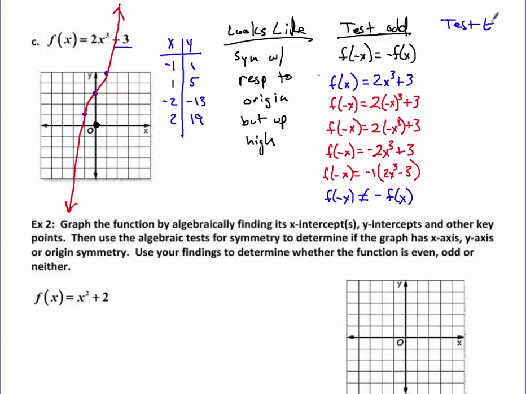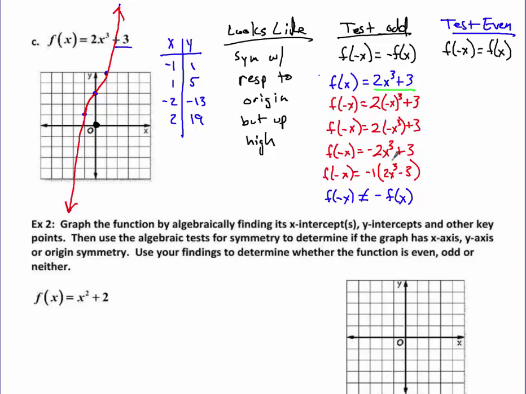Now we could test if it was even. I don't have any reason to think that it's even because it doesn't look like it's symmetric with respect to the y-axis. But just to be safe, to test if it's even, we say that f of negative x is going to equal f of x. Well, I don't really need to do that because I already did f of negative x. So I can just look down here and see, do I see anywhere where this 2x cubed plus 3 comes up?